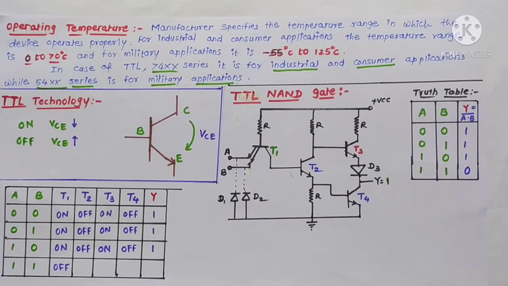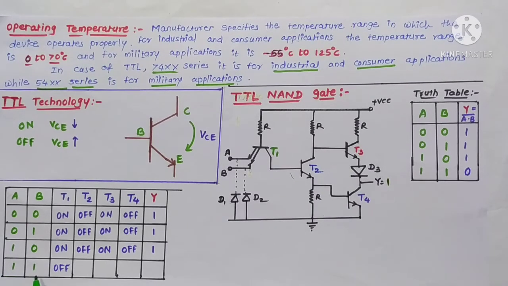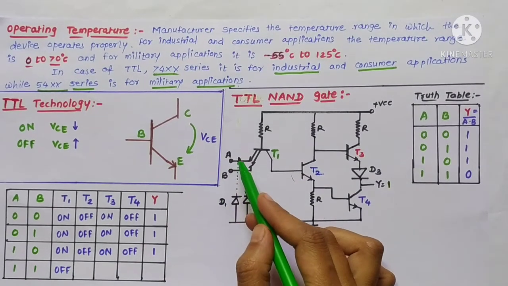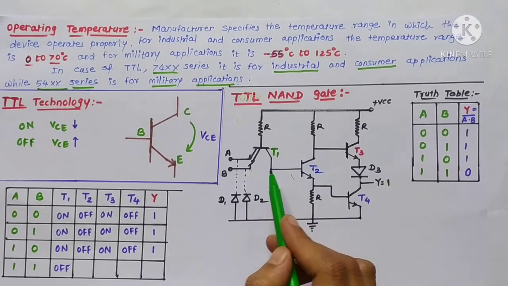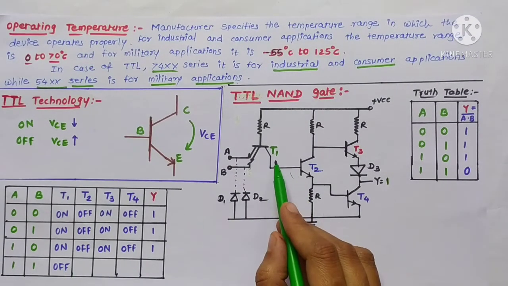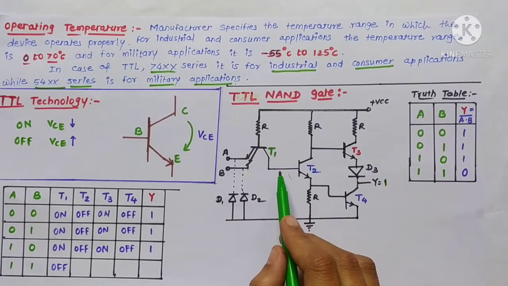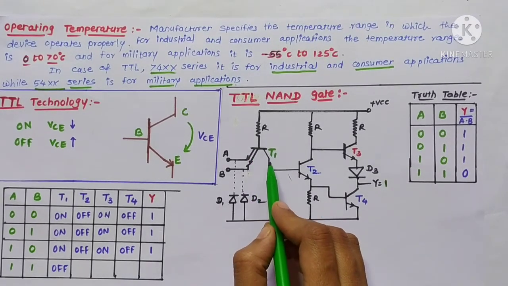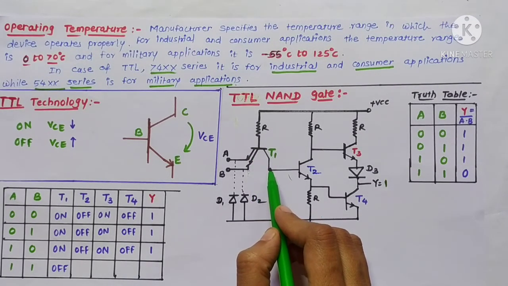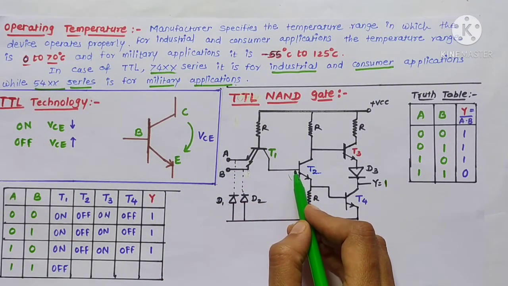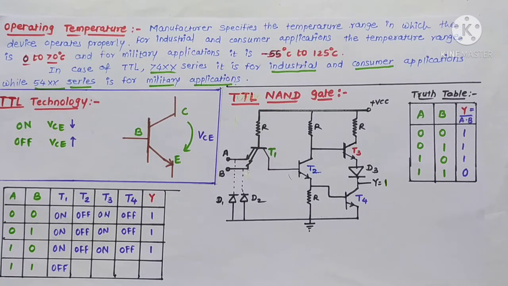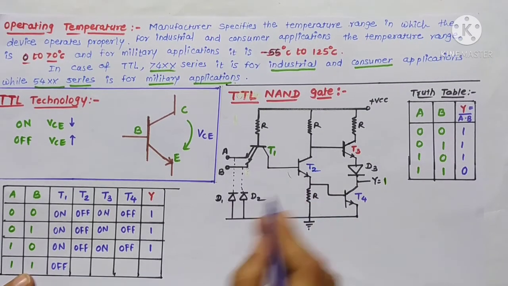Now let us consider this last case, when both the emitters are at high, or when A is equal to 1, B is equal to 1, it makes transistor T1 off. As this transistor T1 is in cutoff, its collector VCE is high. As the collector VCE is high, it makes transistor T2 switch on.